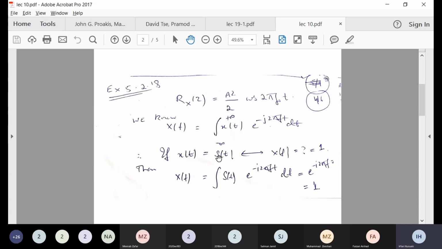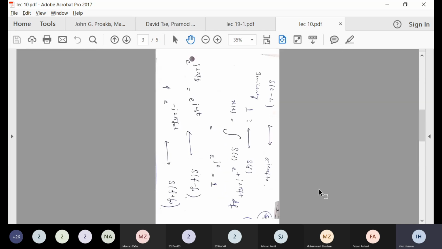So we know that, let us say if we have an impulse function, then the Fourier will be a constant function.